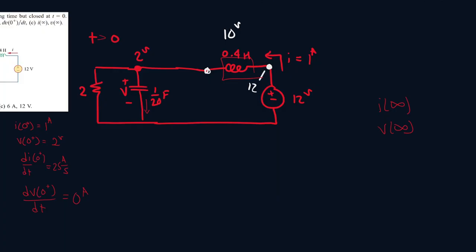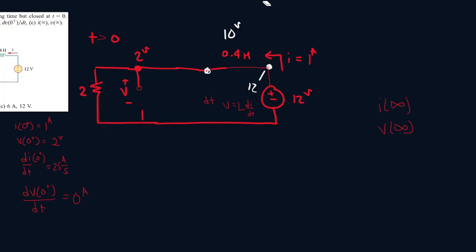Recall the formula for the current passing through the capacitor is the capacitance times the change in voltage over the change in time, so we can replace this with an open wire. And the voltage at our inductor is the inductance value times the change in current over the change in time, so we can replace this with a closed wire.